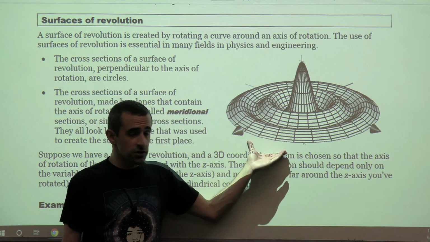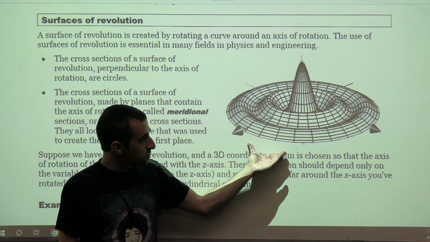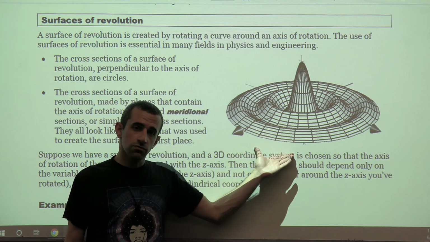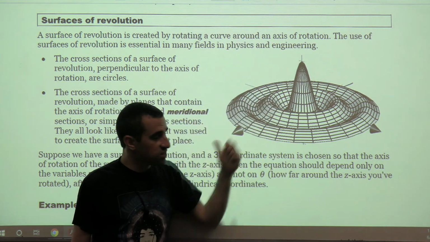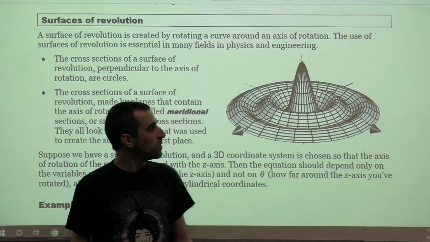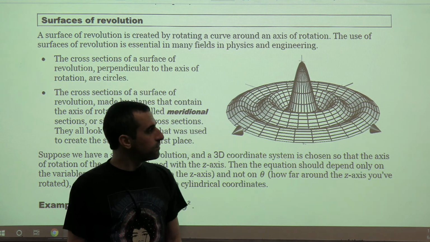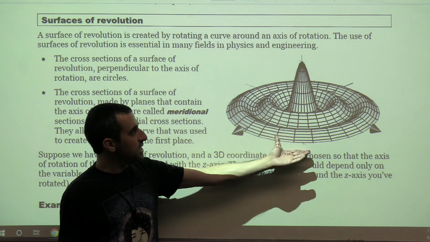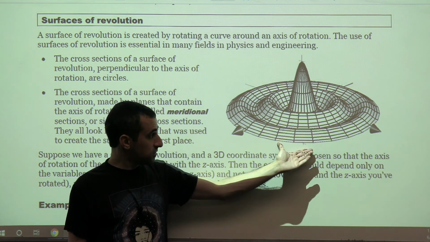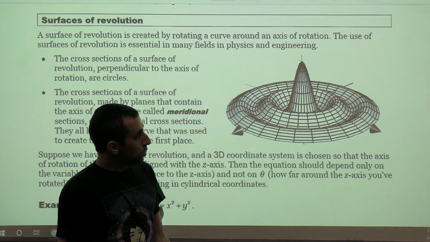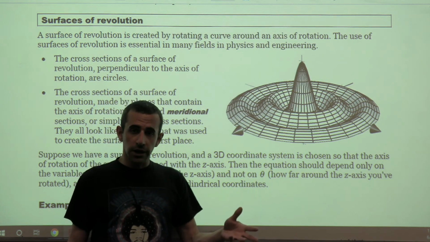And surfaces like this could be used to model a lot of different kinds of things. This surface, for example, could model the shock waves when an object hits some sort of surface. For example, a meteorite hitting planet Earth will create shock waves on impact, and it will deform the landscape. And perhaps those shock waves can be modeled by some sort of surface like this. Another phenomenon that could be modeled by a surface like this would be the ripples on the surface of a fluid.